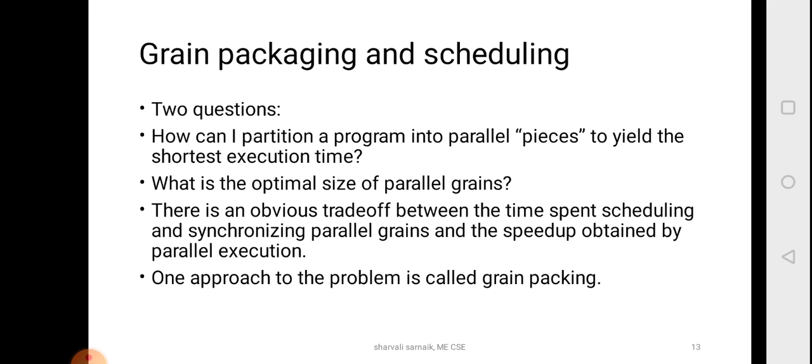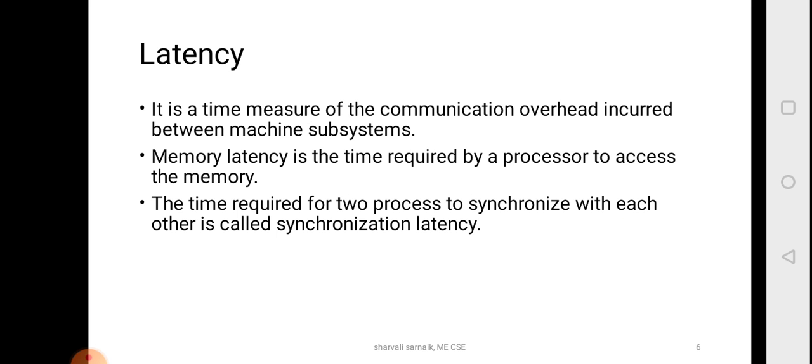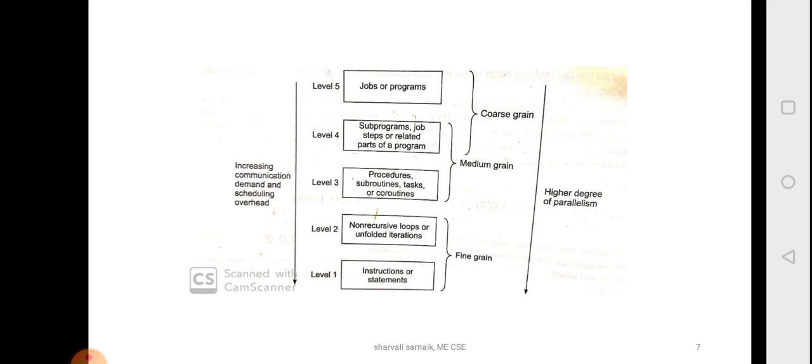Till now we have seen what hardware parallelism and software parallelism are, what data dependency is, and the five types of data dependency. Then we have seen in this PPT what grain size is, what latency is, and a diagram consisting of five levels of program instructions, with increasing communication demand and scheduling overhead, level 1 to level 5, categorized into fine grain, medium grain and coarse grain.